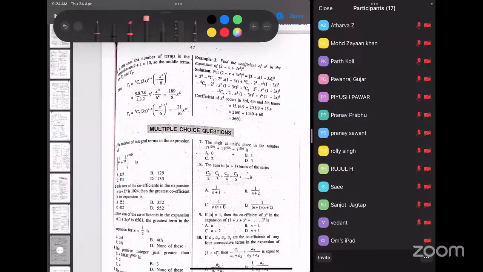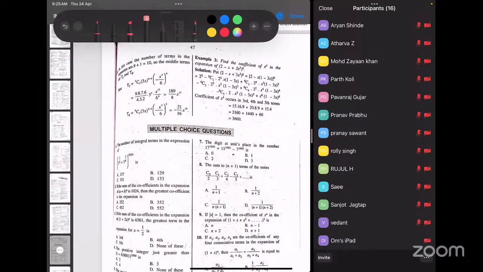Next question is, find the coefficient of x raised to power 4 in the expansion of (2 minus x plus 3x square) raised to power 6.